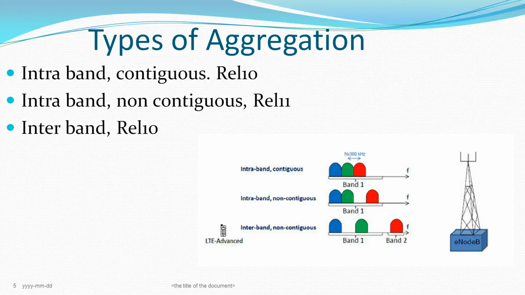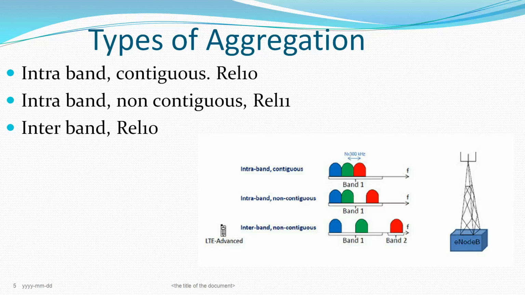The second one is intra-band non-contiguous aggregation, which was realized in release 11 of 3GPP. So intra-band contiguous and intra-band non-contiguous are aggregation types when you aggregate within the same frequency band. I forgot to say that. Anyways, the non-contiguous one means that you aggregate within the same 3GPP frequency band, but you have gaps between the component carriers.